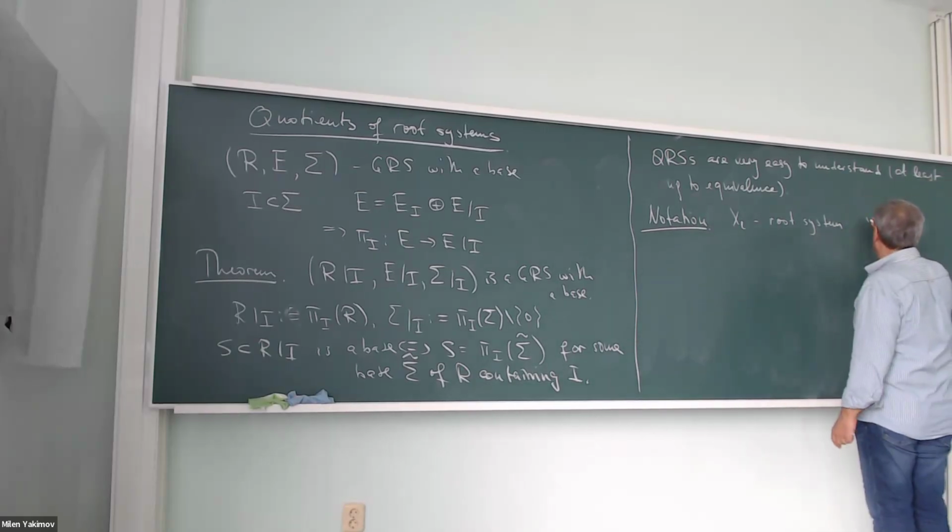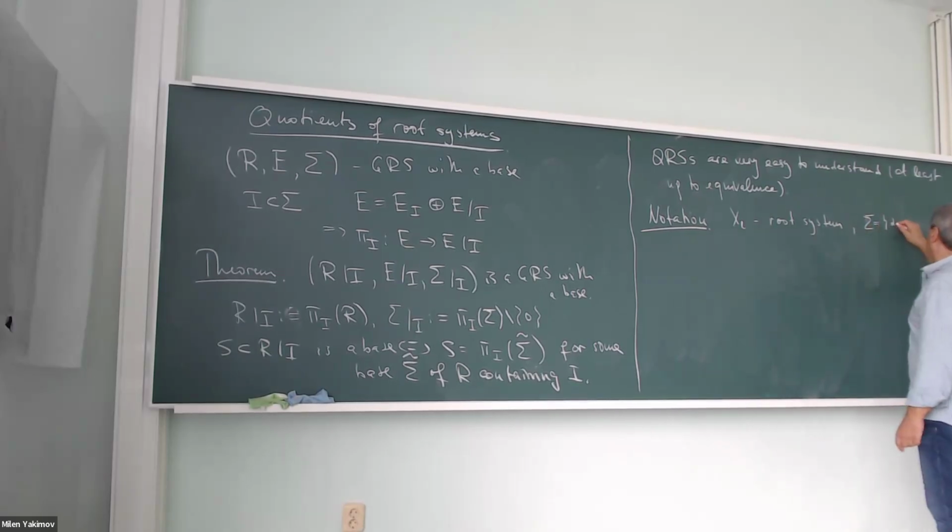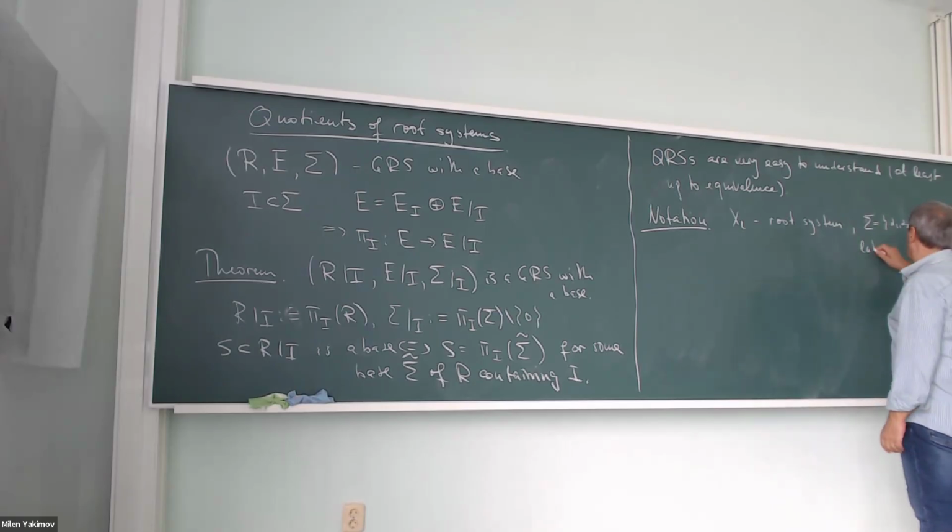The simple roots are alpha_1, alpha_2, ..., alpha_L. And I'm going to take the standard labeling, as in Bourbaki.